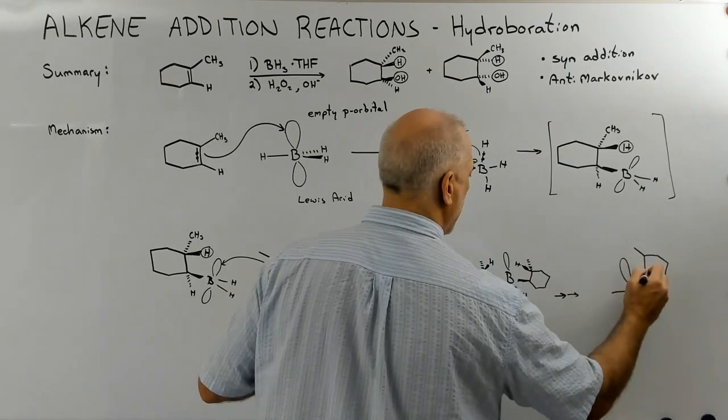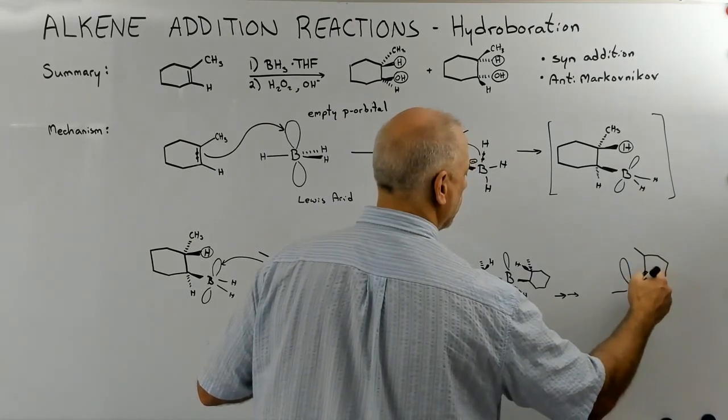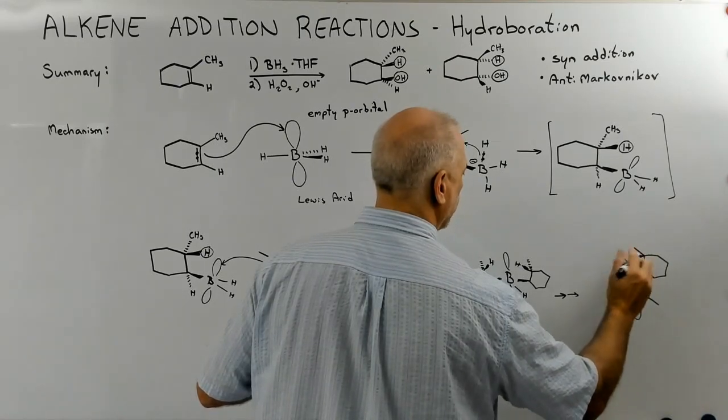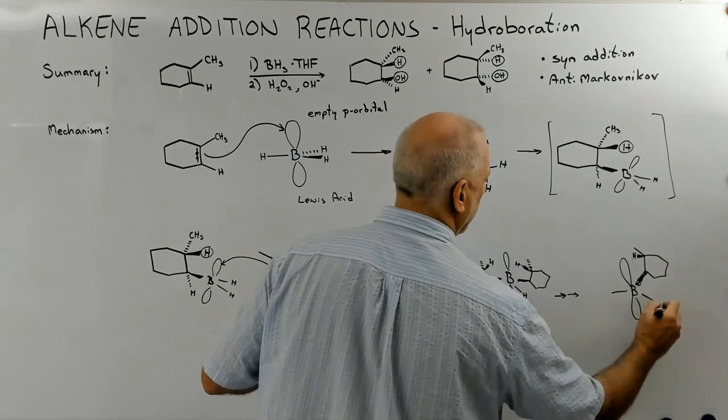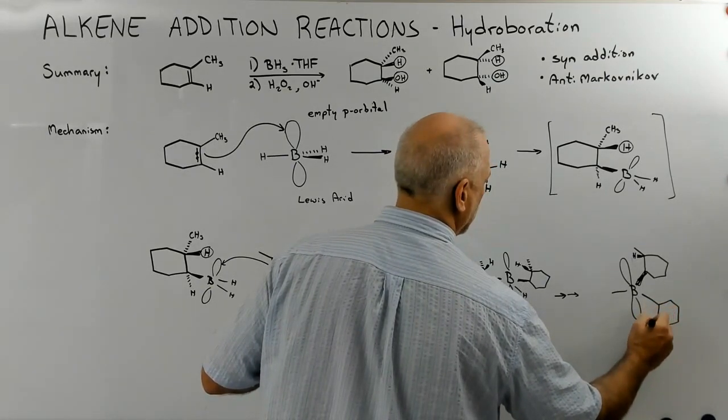And if this was wedged from the point of view of the cyclohexane, we've added the H there, and then over here, and there's a CH3.